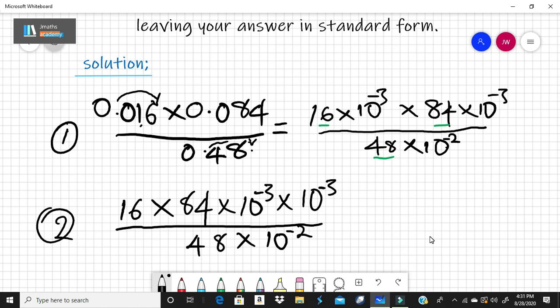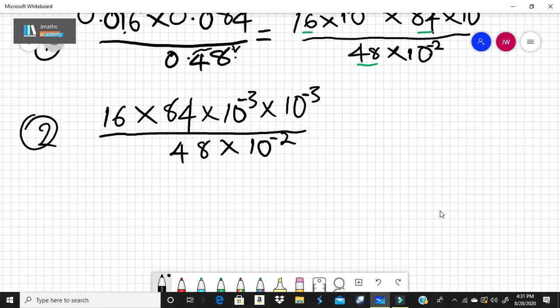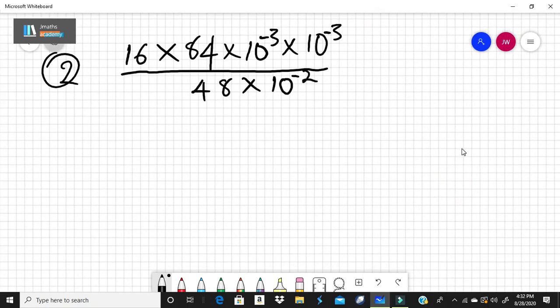So for our next step, we'll work with our law of indices. Step 3, we have 16 multiplied by 84 to give us 1344 multiplied by 10.